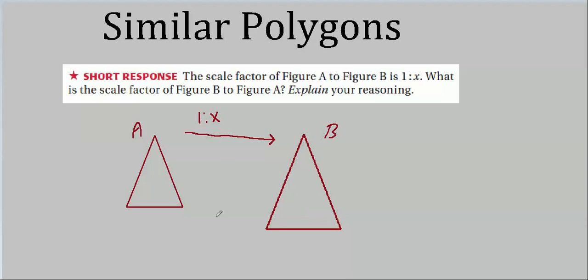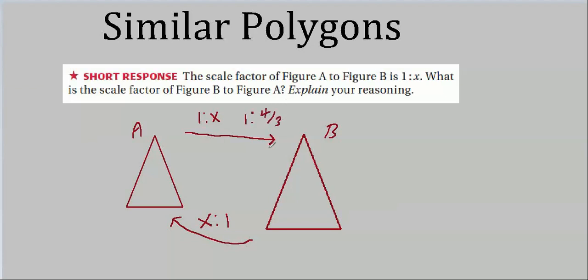What about going from B to A? So if we go this way, what's our scale factor? You just have to reverse it, that's all. For instance, in this case, it was 1 to 4/3, I think. Okay.